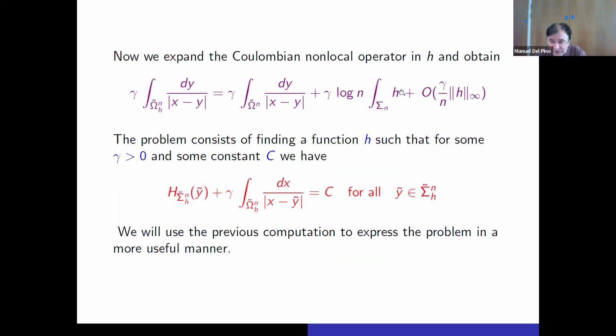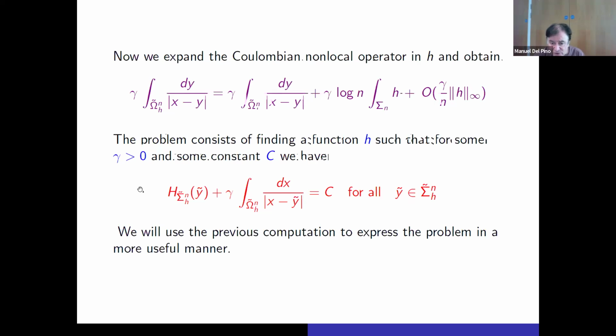Yeah? Gamma log n times the integral of h is the effect of the perturbation at main order. The problem consists, therefore, in finding a function h such that for some gamma greater than 0 and some constant c, we have the validity of this equation here.